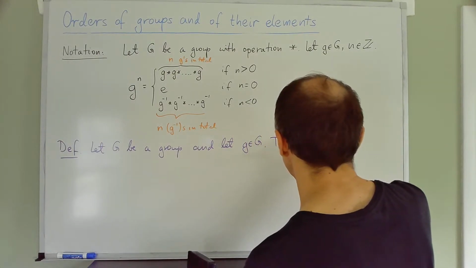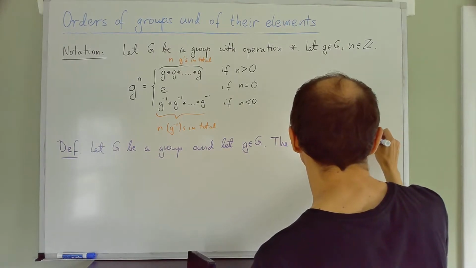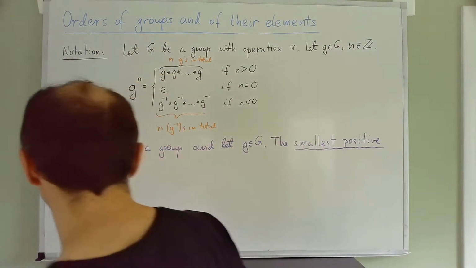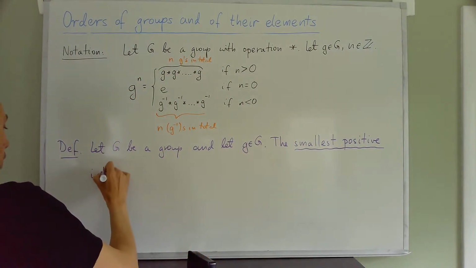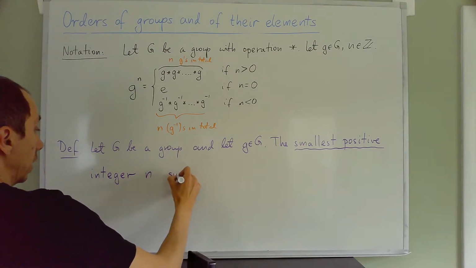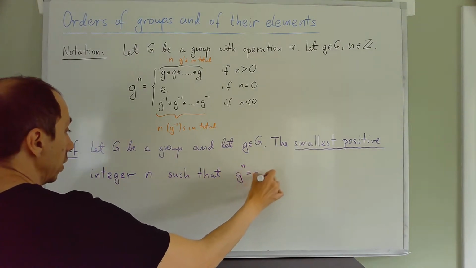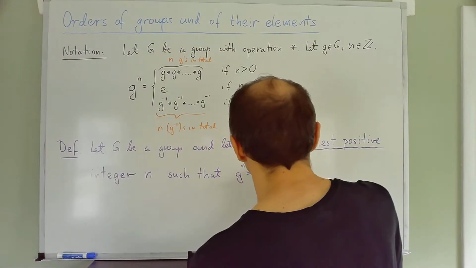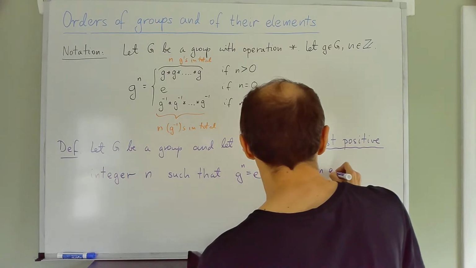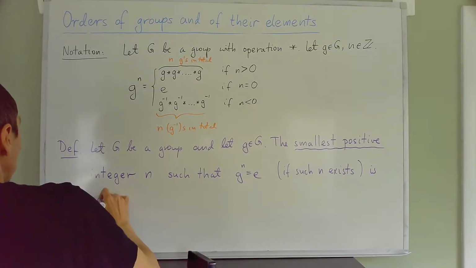The smallest positive integer n such that g to the n is the identity, if such n exists, is called the order of g.